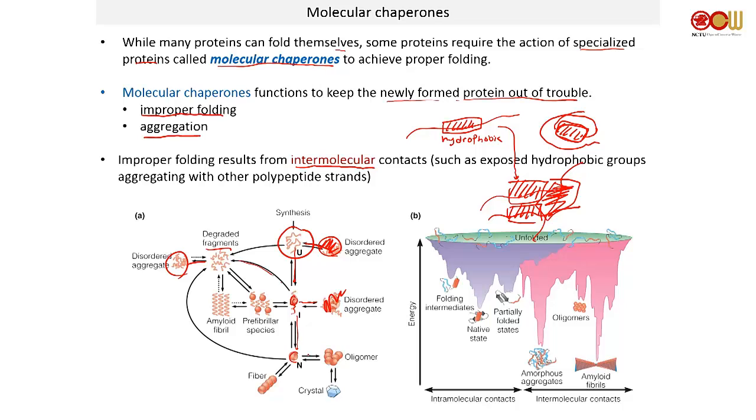Okay, now if you look at the energy contour on figure B right here, what we saw on the previous slide was essentially this. That's what we saw. But if you give it more energy and you enlarge the overall landscape, you can have intermolecular contacts. So what we saw was intramolecular.